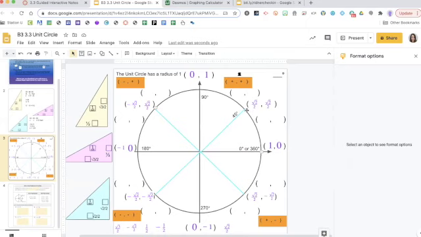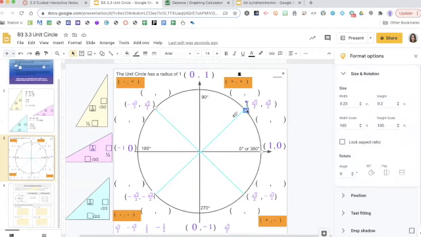A lot of unit circles have the points all the way around. I probably should have done that, but I did not. So if you want to be a little extra, you are welcome to make points. All I did was insert circle.